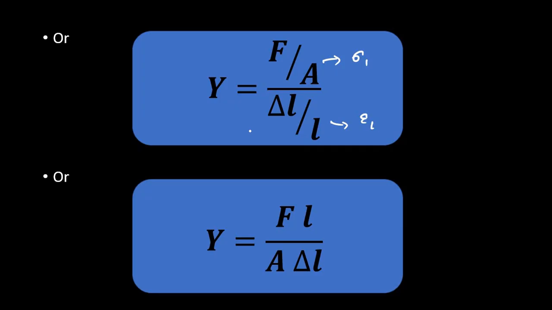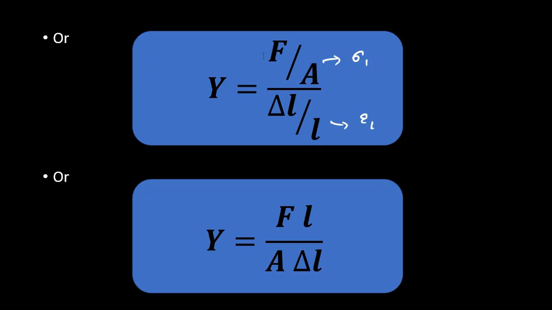F is the external force or the reaction force, as they're equal and opposite. L is the original length, A is the cross-sectional area of the material, and delta L is the increase in length of the material in response to the applied longitudinal stress.